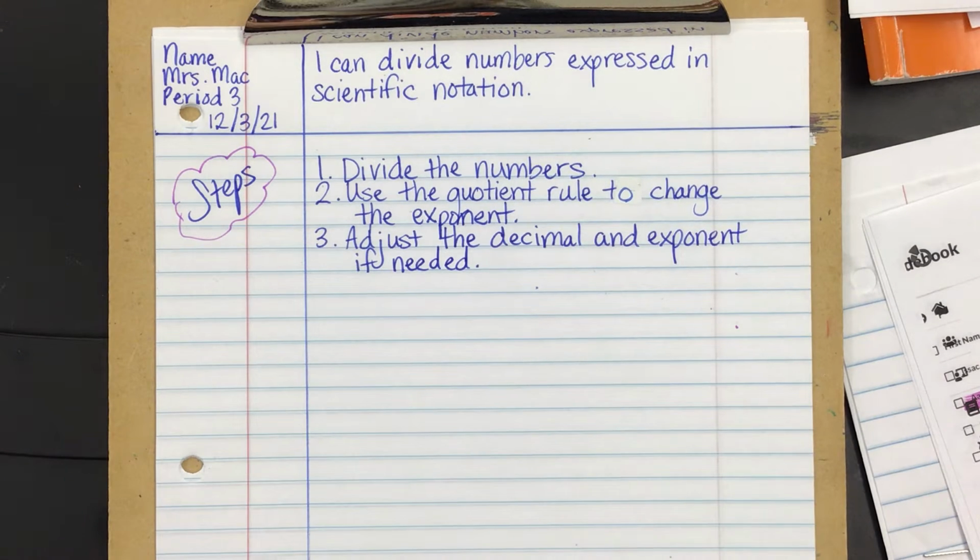Sometimes you'll divide them and the number will be between 1 and 10. You don't have to do anything. But a lot of times when you divide it, the number's going to get smaller than 1 and you're going to have to adjust it accordingly. So let's take a look at an example.